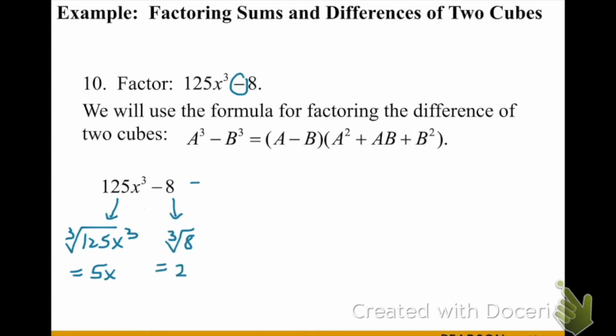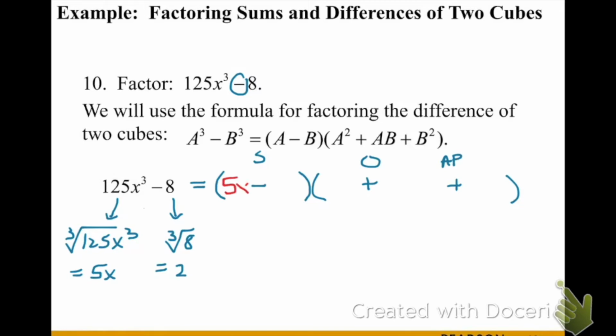And so we're going to set up our binomial parentheses, and then also our trinomial with parentheses, and fill in our signs. Notice in this case, since this is a subtraction problem, it will be the same for the binomial, the opposite for the first sign in the trinomial, and the last sign will always be positive.